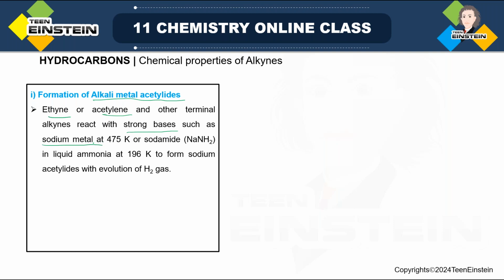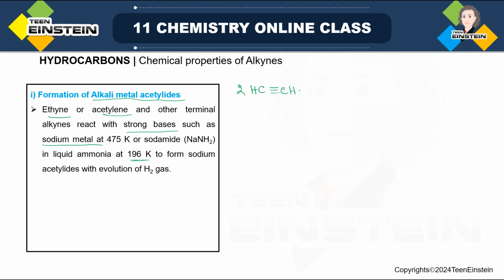So when it is NaNH2, the temperature is less, because when you are using liquid ammonia solvent, the temperature cannot be very high. It is even less than 0 degrees, right? To form sodium acetylide, and there is also evolution of hydrogen gas. So here the reaction you can write HC triple bond CH.